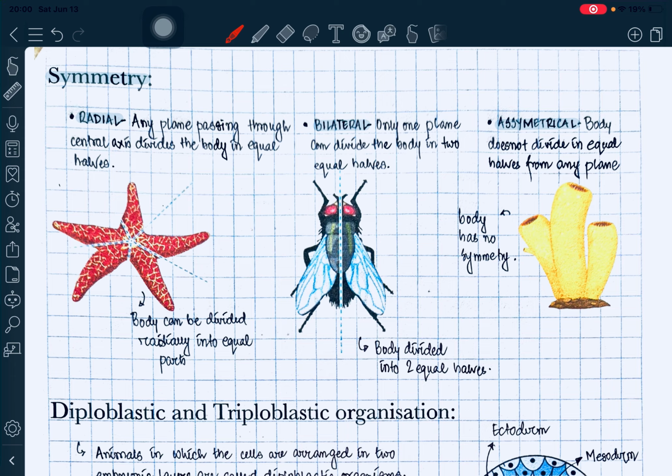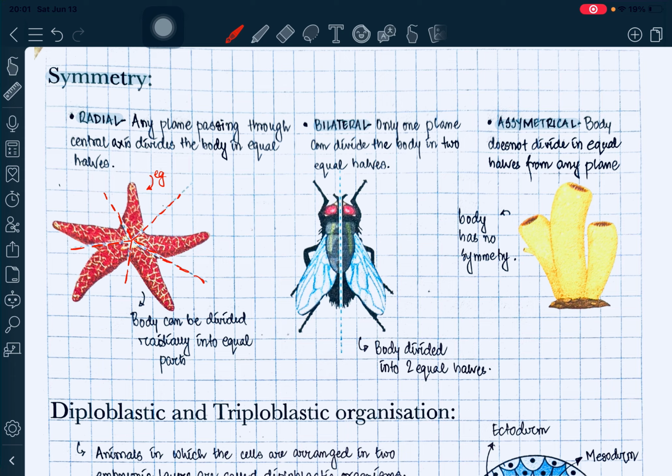If you see this example of starfish, you will see that the starfish can be divided into some equal halves based on the central axis. So this is our central axis, and from this central axis we can divide this organism into different equal parts.